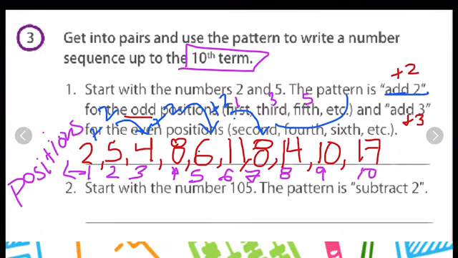All these ones right here in blue are the ones that I made. The odd positions, they're adding 2. Now you see how the sequence goes.